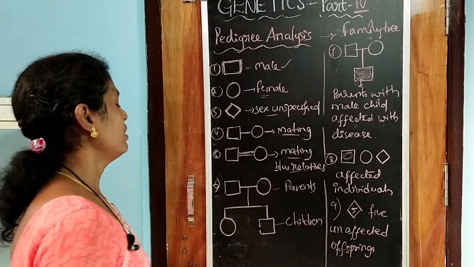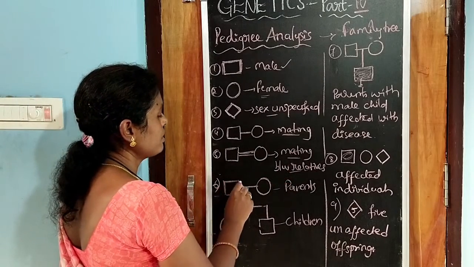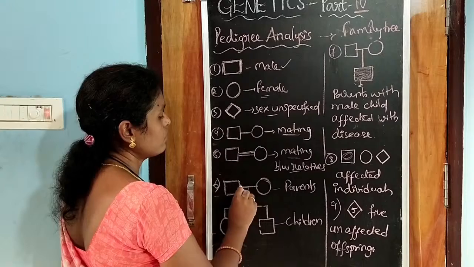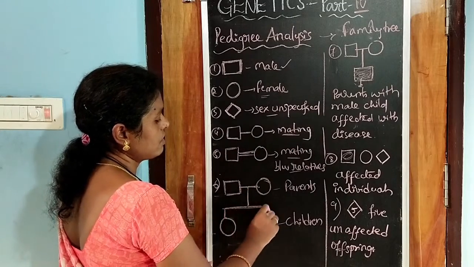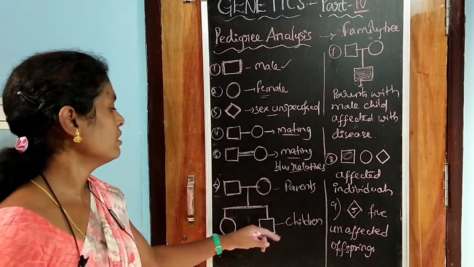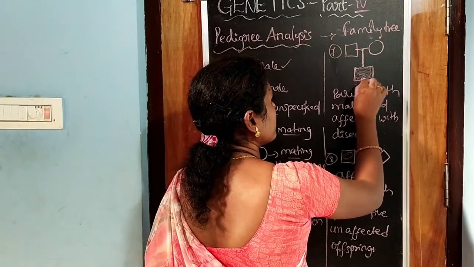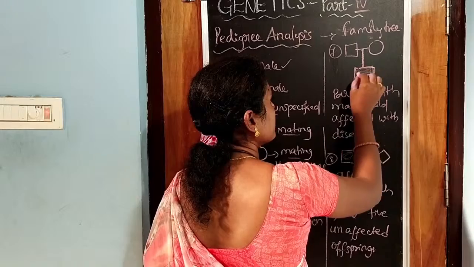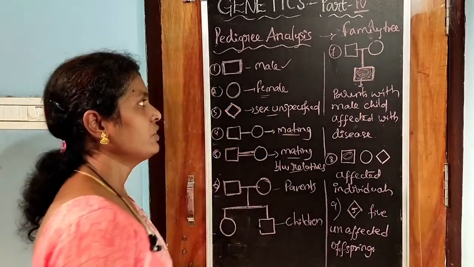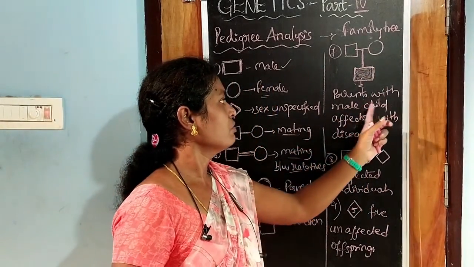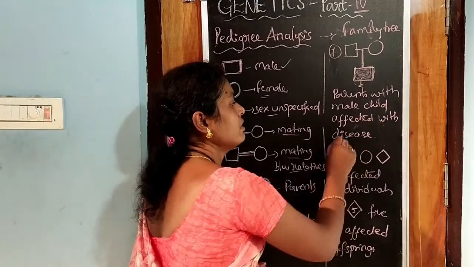These empty square and circle are the parents, and these are the children, the female children and the male children. And here these are the parents with a shaded square, so the parents with a male child affected with the disease.